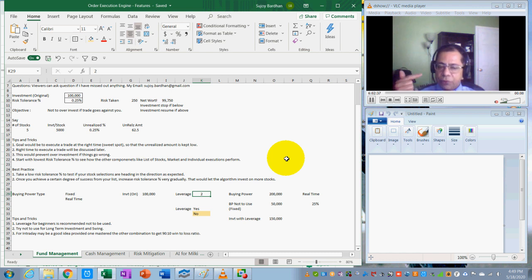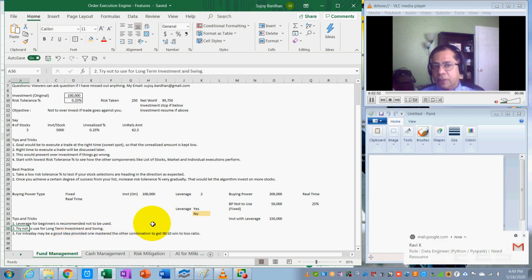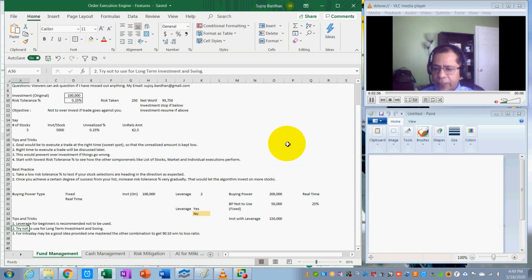Unless you get to that point, please do not use leverage. So leverage for beginners is recommended not to use. That's clearly what I'm trying to tell you. Try not to use it for long-term investments. Leverage, again, as I said, is something which you can use only when you have the perfection of your stock selections, your executions, and all those things.